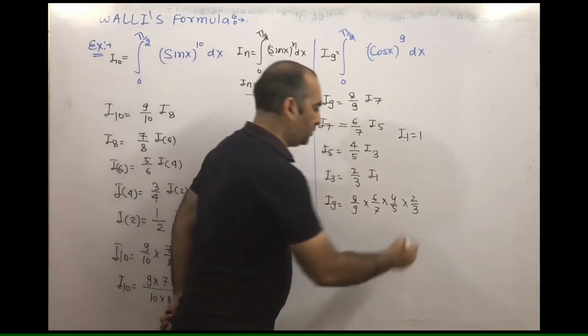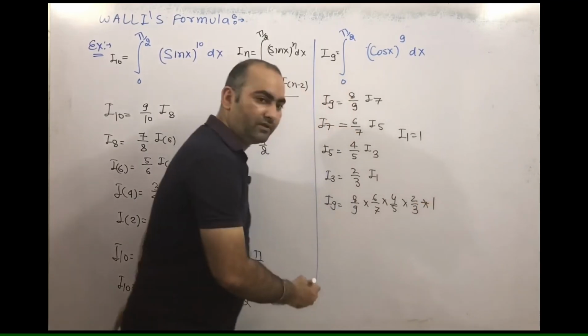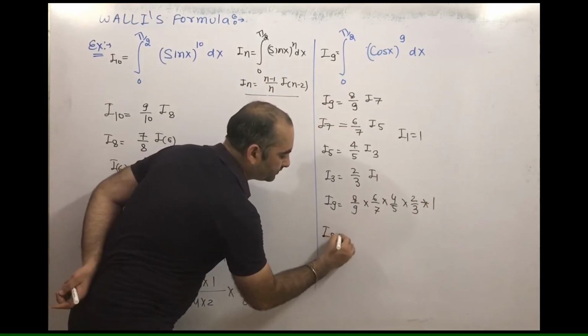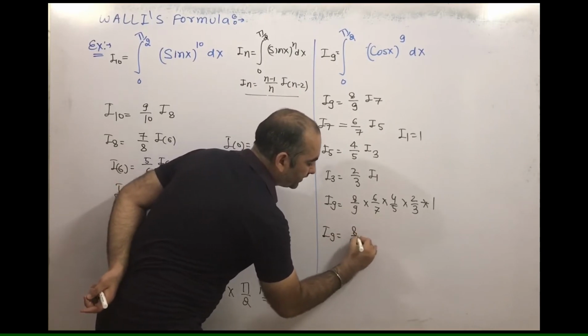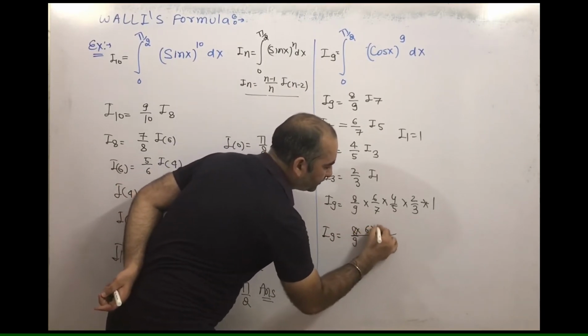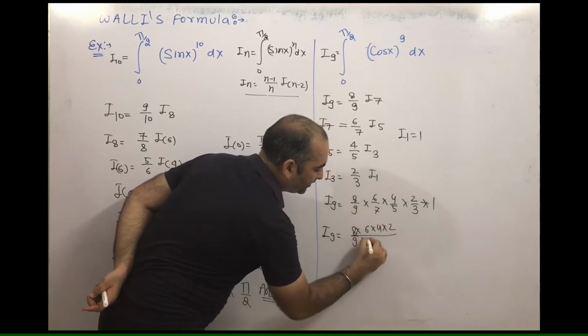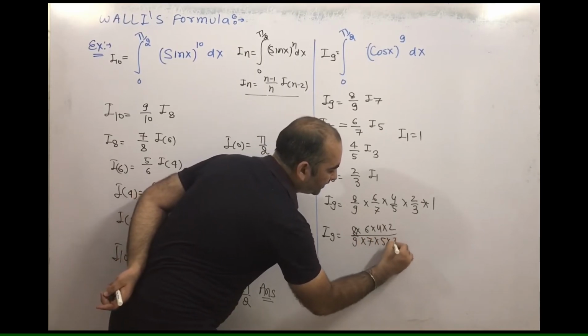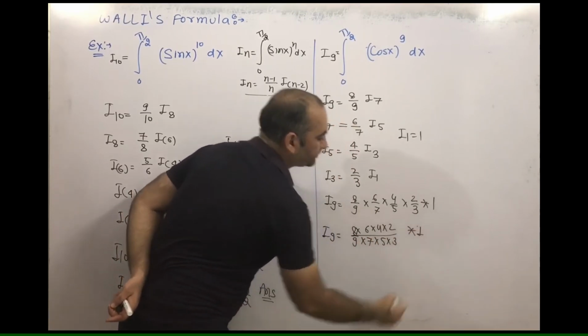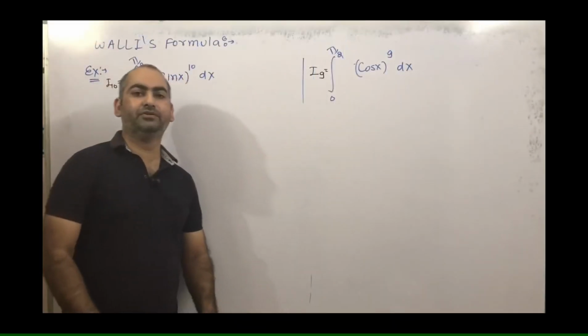So I9 equal to 8 into 6 into 4 into 2 divided by 9 into 7 into 5 into 3 into 1. This will come. In this problem we can use the direct formula also.